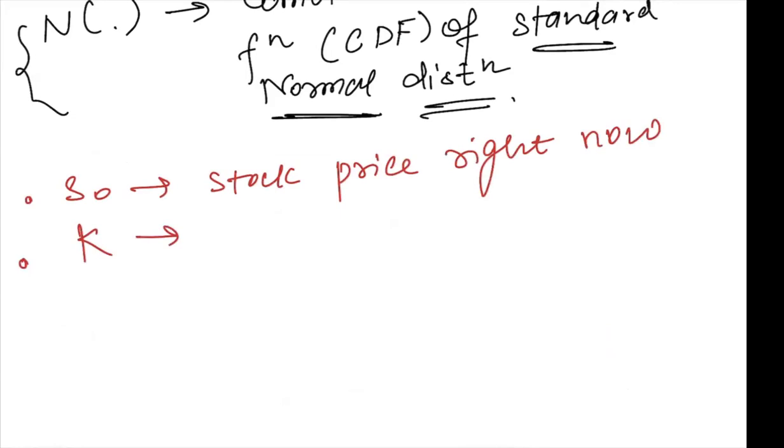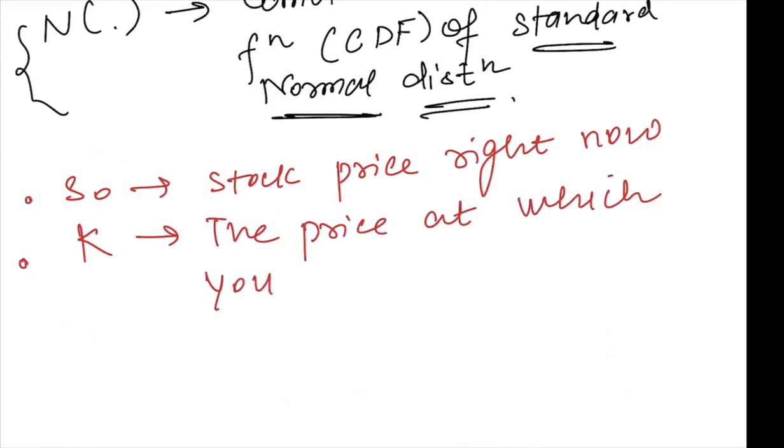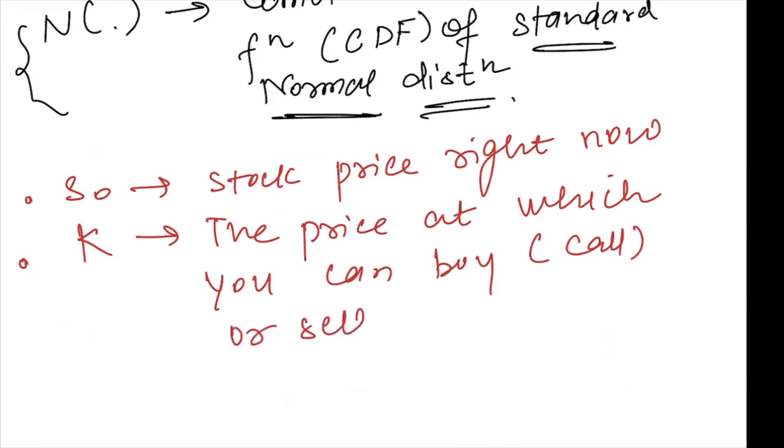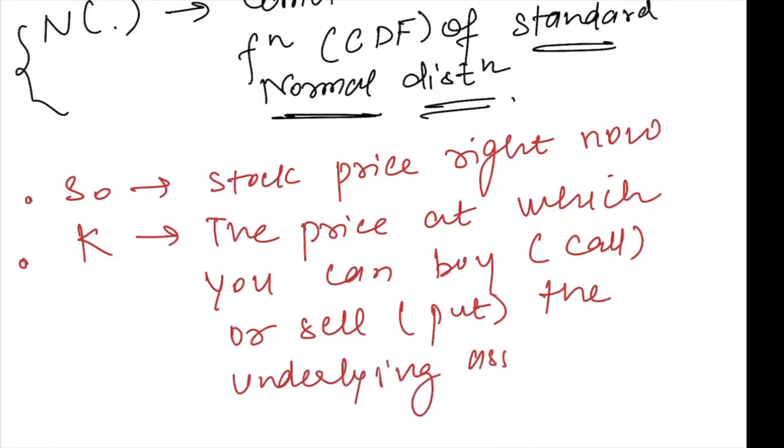K is nothing but your price at which you can buy or sell the underlying asset. Buy means call option, or sell means put option. This is the strike price, right?